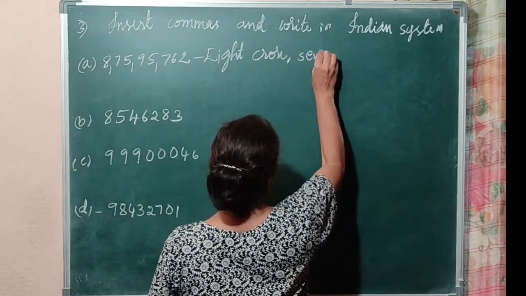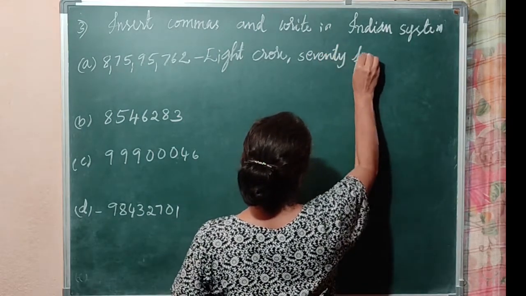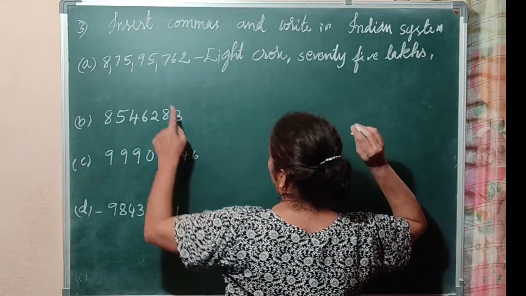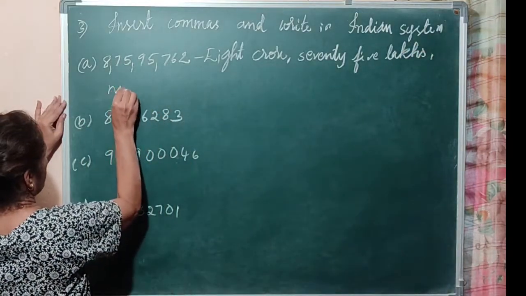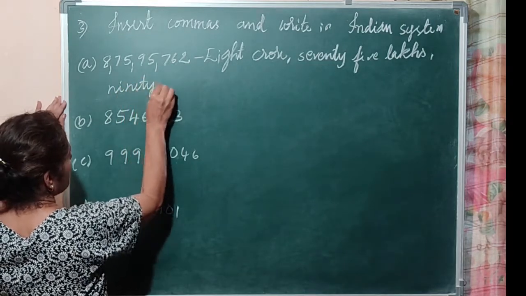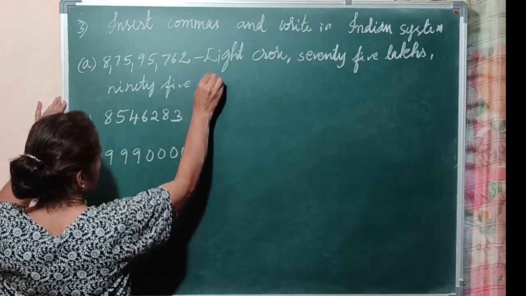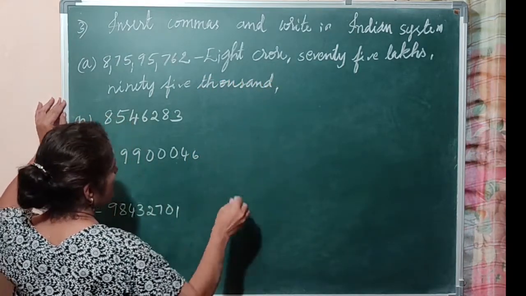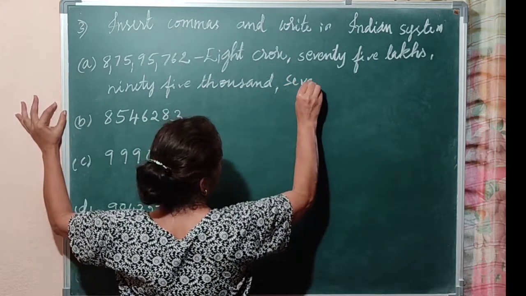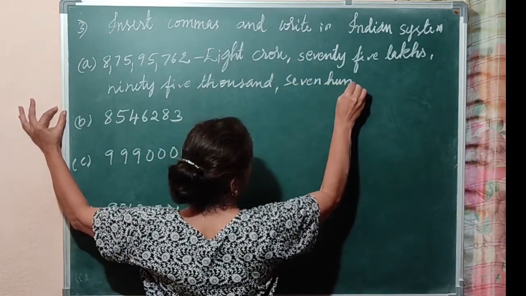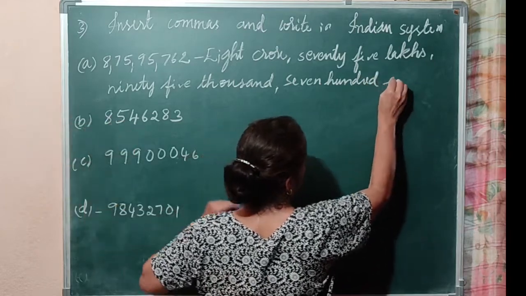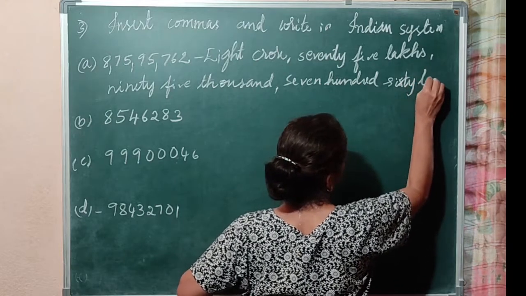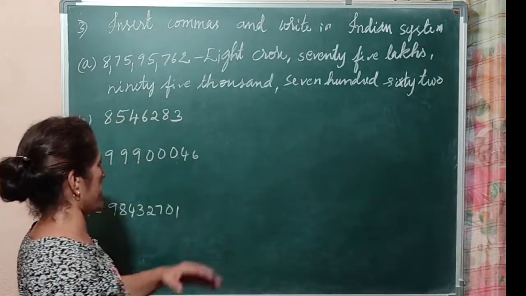75 lakhs, then 95,000, then 762. This is Indian system.